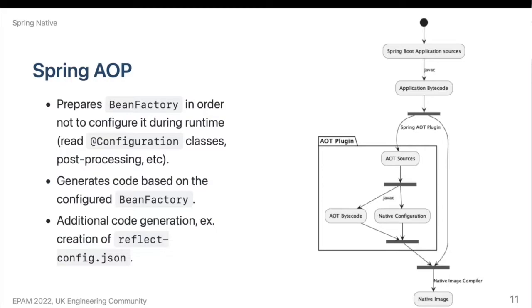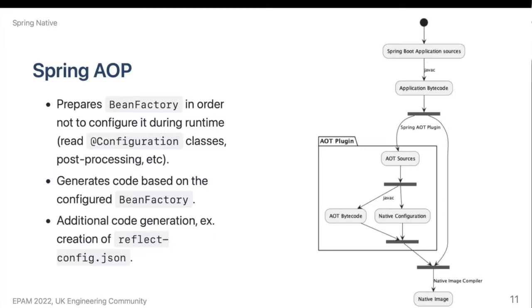For example, when you start the application, Spring scans your classpath, loads additional Spring Boot starters, evaluates your conditionals, creates beans and registers them, and so on. Unfortunately, right now almost everything from this list is not available. So you need to build your closed world, you need to build all the classes in advance.